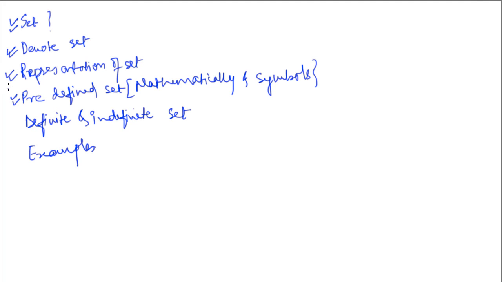Predefined sets, we have seen N, the collection of all natural numbers, Q, the collection of all rational numbers, R, the collection of all real numbers, and the symbols we have seen are epsilon, which means belongs to, and this one means does not belong to. A definite set is a set in which the number of elements is fixed, and an indefinite set is one in which the number of elements is infinite, and we have done some examples on the same.